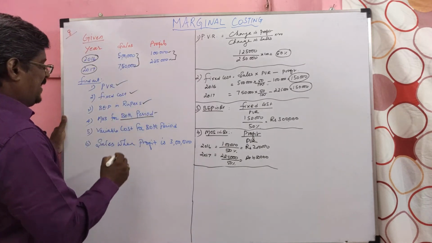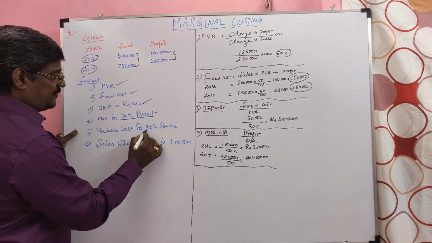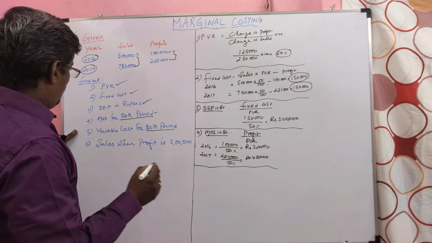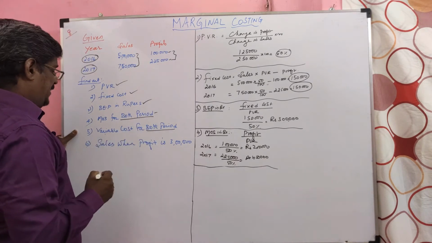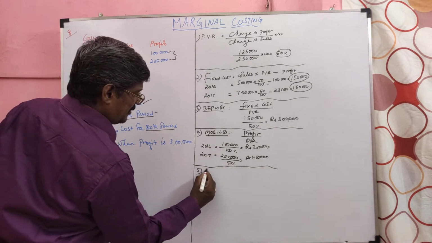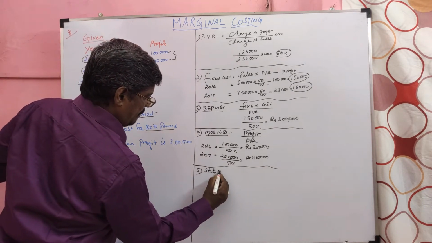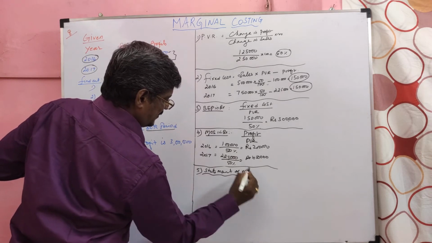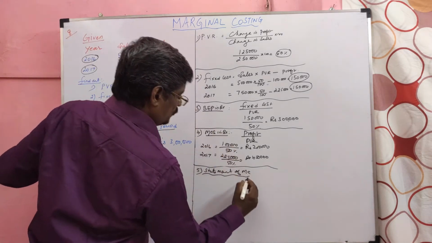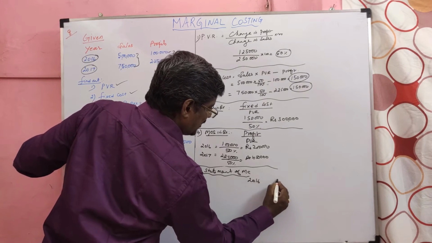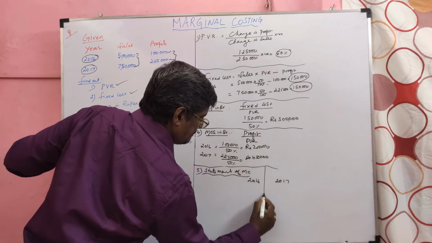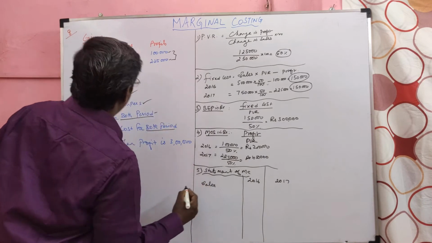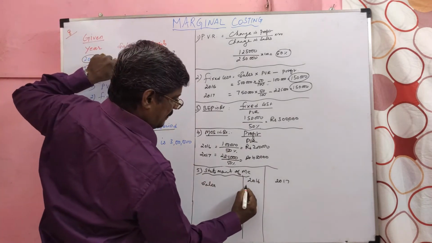Then next question, they are asking variable cost for both periods. If they ask variable cost for both periods, we have to prepare a statement of marginal costing, for 2016 as well as for 2017. Sales given in the question is 5 lakh.